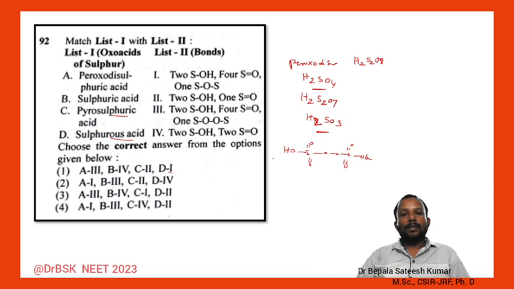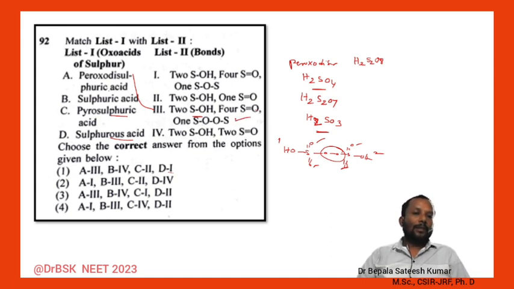Peroxydisulfuric acid H2S2O8, so a peroxy bond is there. So here the option is: one peroxy bond, 2 S-OH bonds, 4 S=O bonds, 1 S-O-S bond... 1 S-O-O peroxy bond is there.